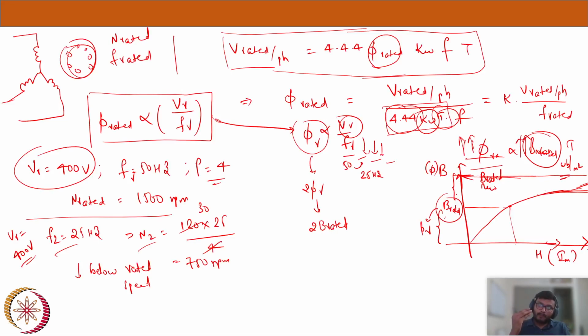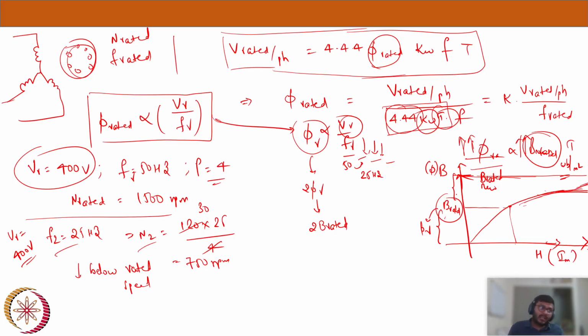So for this new flux density, to achieve that rated flux, the amount of magnetizing current drawn by your machine will be very high. When you are drawing such high current, it is obvious that your machine will go into saturation. You can see this is above the knee point, so your machine enters the saturation zone.